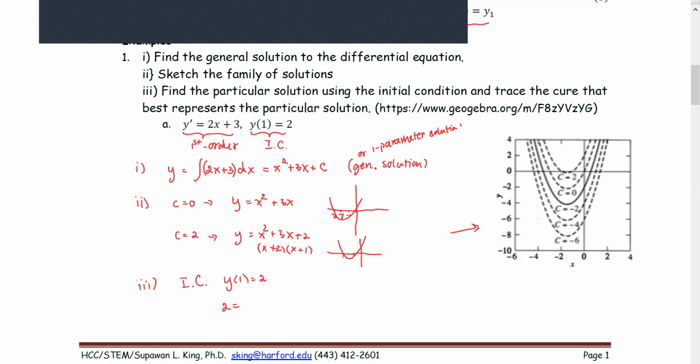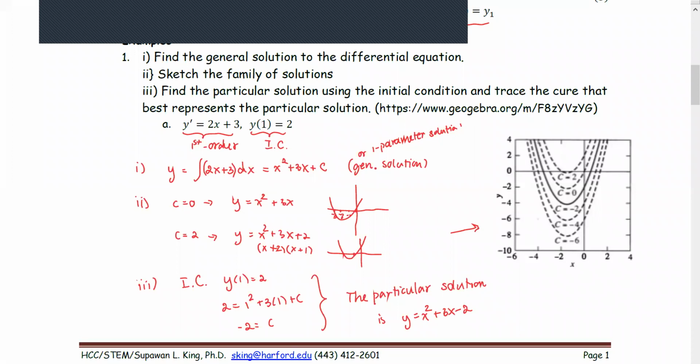So 2 equals 1 squared plus 3 times 1 plus c, or c equals negative 2. Therefore, the particular solution is y equals x squared plus 3x minus 2.